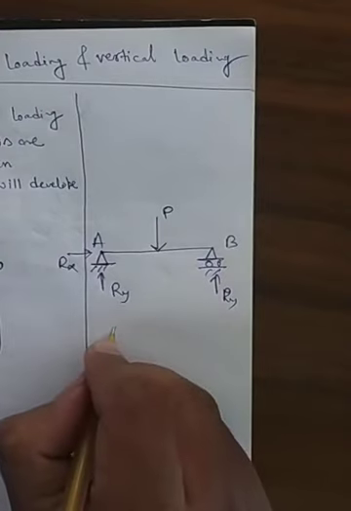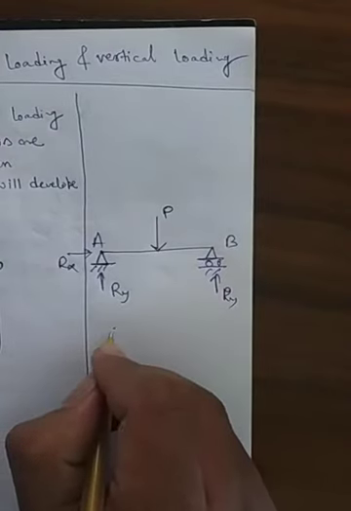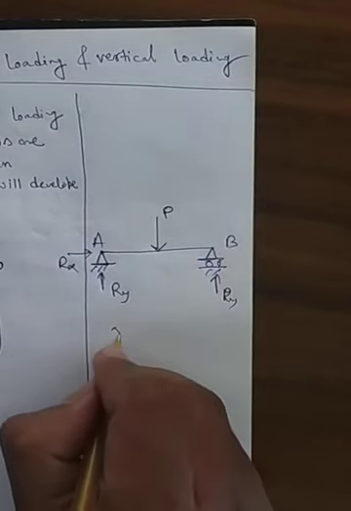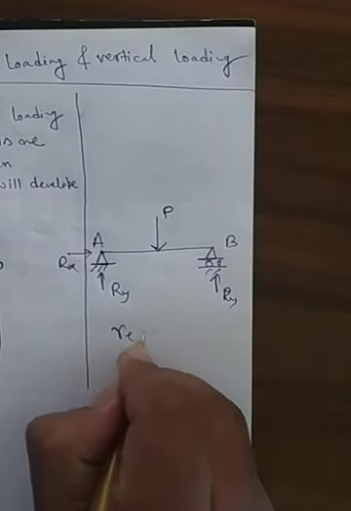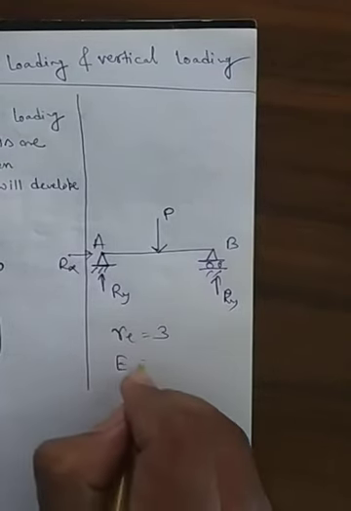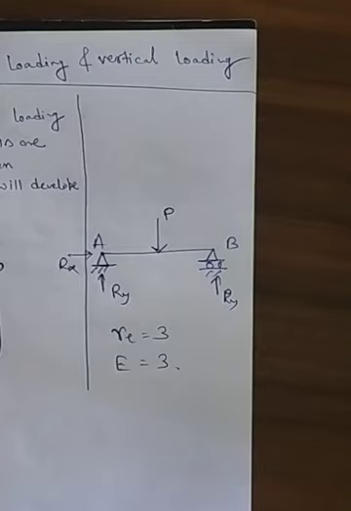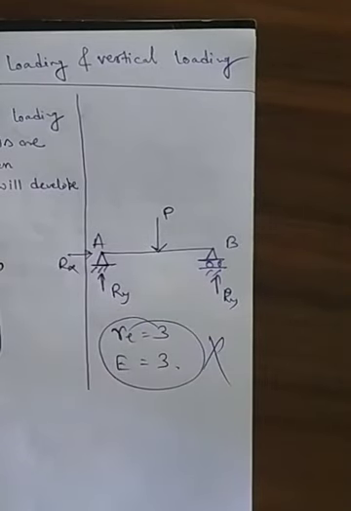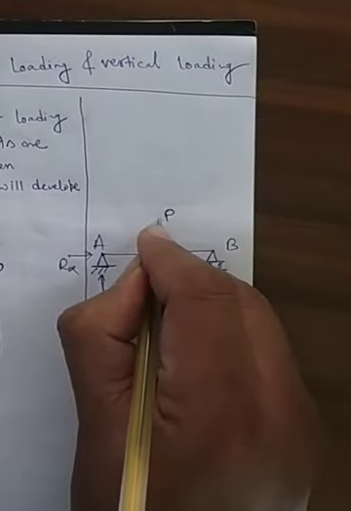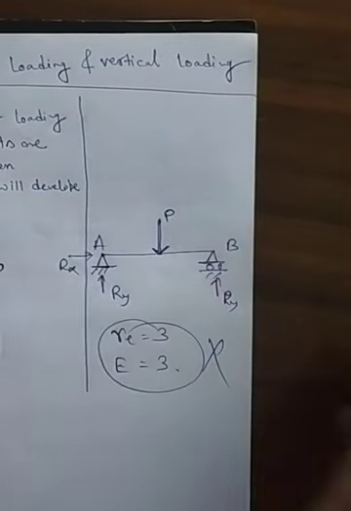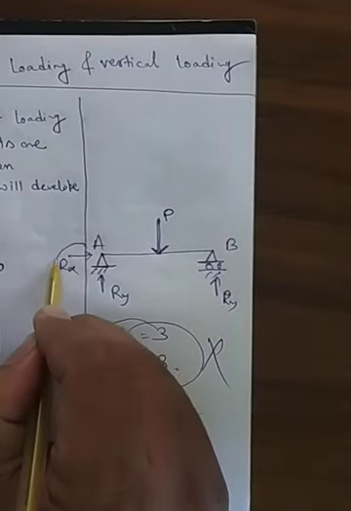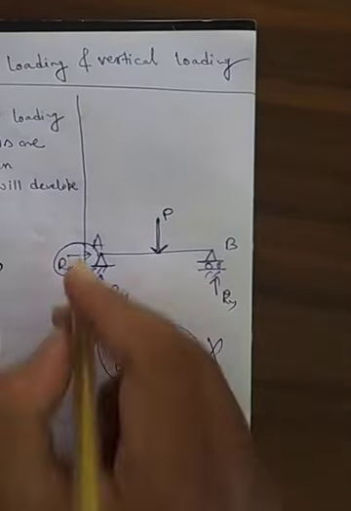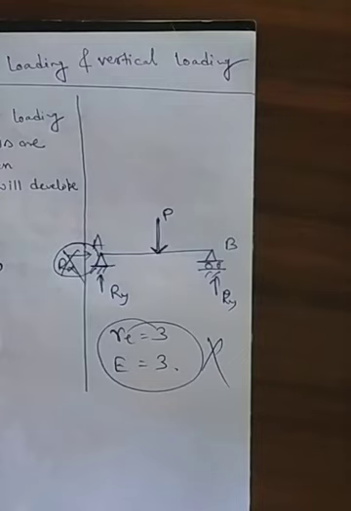So you will write, sir, Re is equal to 3 and E equal to 3, but this is wrong, as the force comes as vertical, it has no component in horizontal direction, so there will be no Rx also.